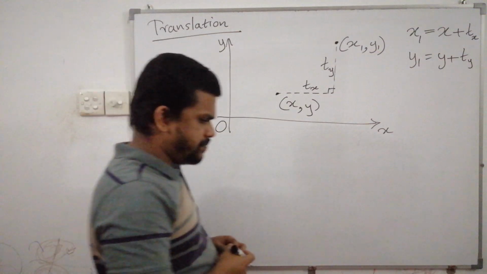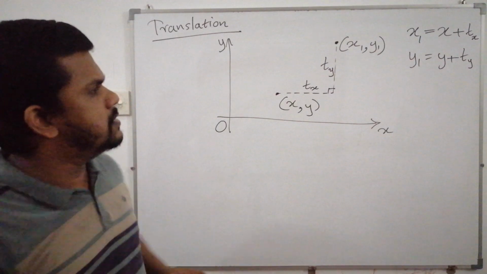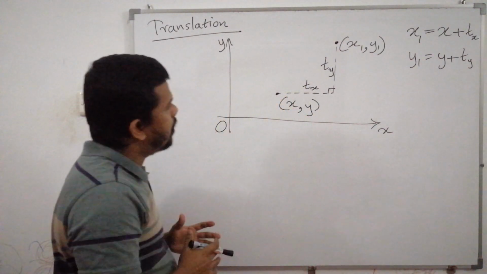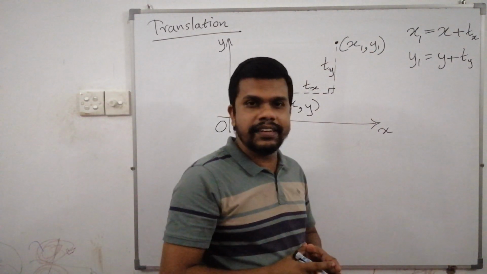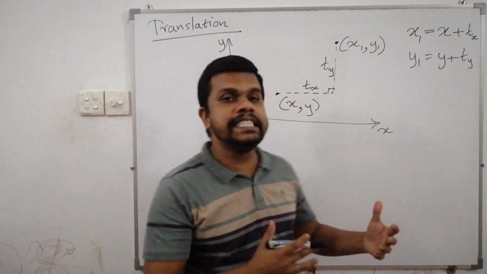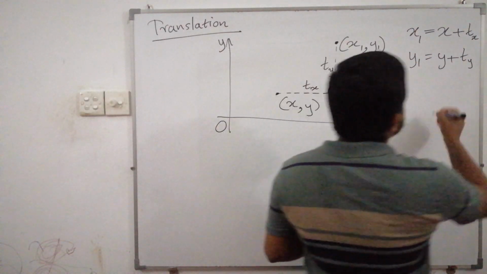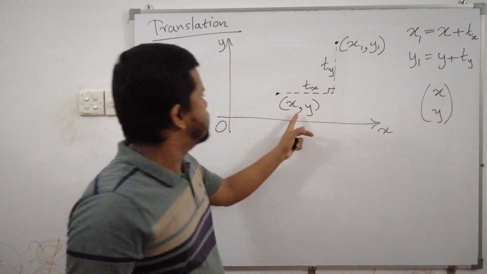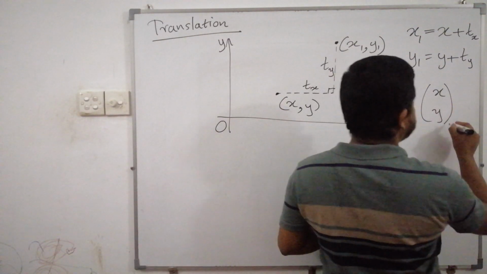Now, when we deal with geometric transformations, it's easier if we incorporate the idea of matrices into geometric transformations, then it's easier for us to manipulate. Therefore, let's represent this point using a matrix like this.